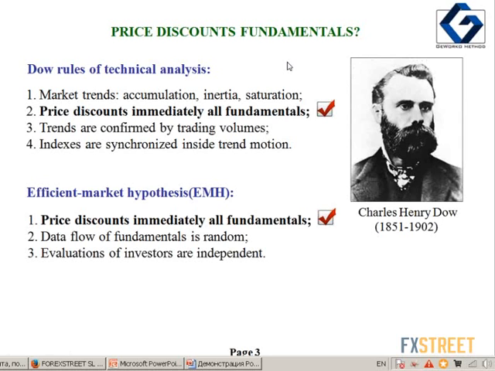So we can say that random Brownian motion of price occurs in this case. Indeed, EMH followers state that it is impossible to beat the market because a fair price is formed immediately. So it is impossible to beat the market according to EMH. And that's why buying the rumors, selling the facts is impossible.